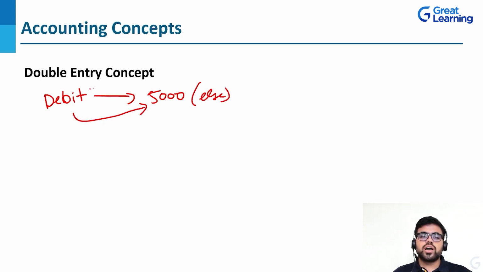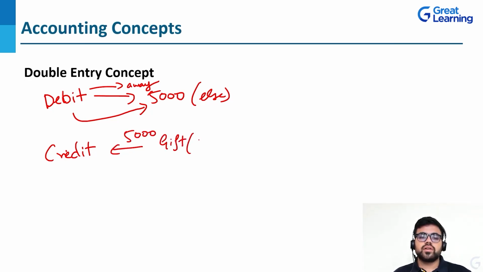So this money is going away from you, right? Similarly, let's say a friend gave you 5,000 rupees as a gift. So this money is coming to you, right? So debit is something that goes out, credit is something that comes in, in accounting terms, right?